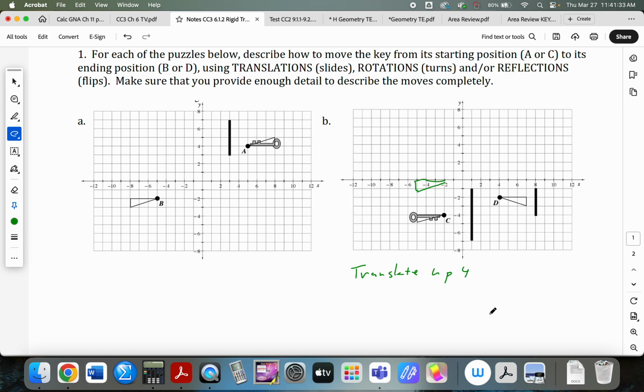All right, go on. And then you can move to the right 6 times. All right, so translate right 6. So 1, 2, 3, 4, 5, 6.